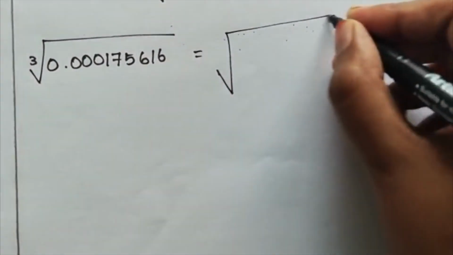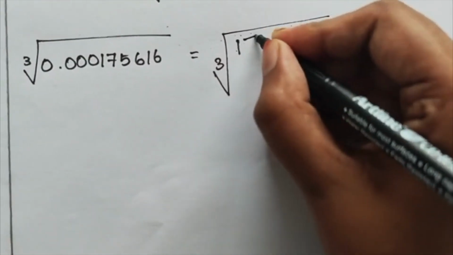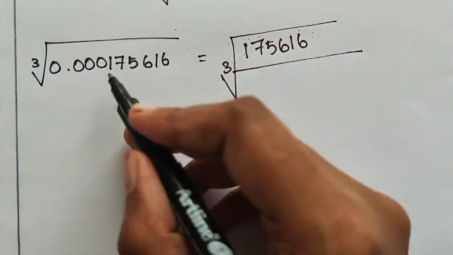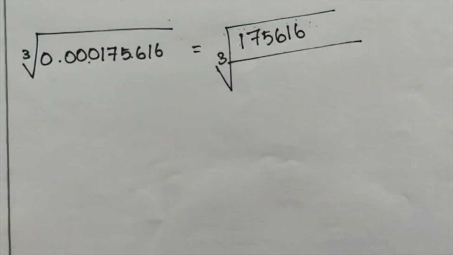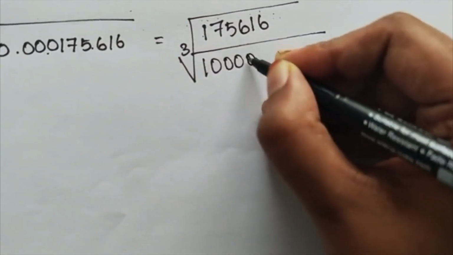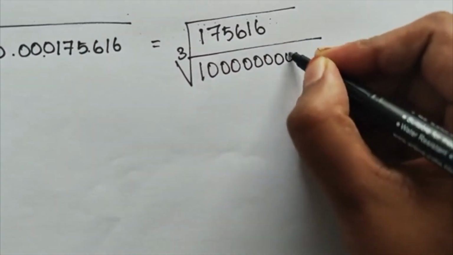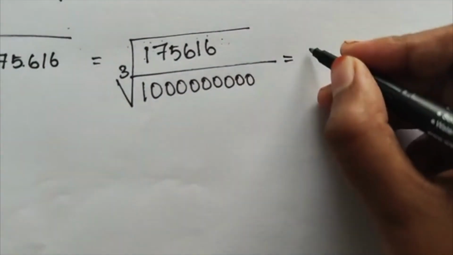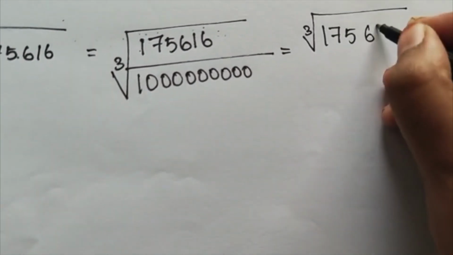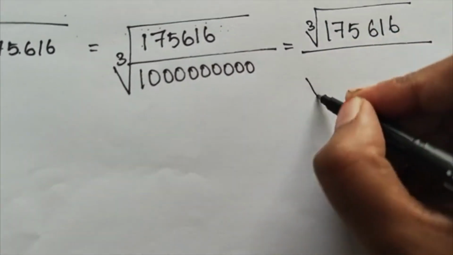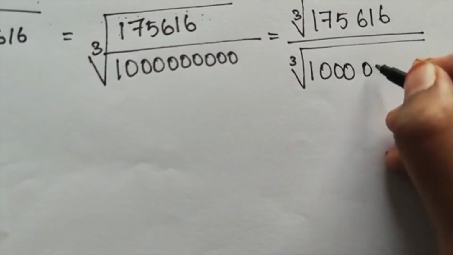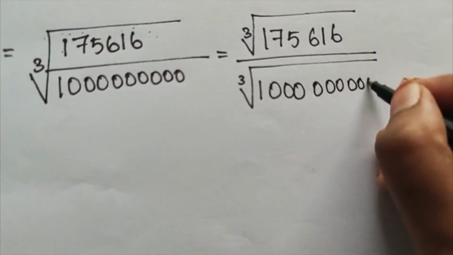So we can write this as cube root of 175616 by, how many decimal places we moved? 9 decimal places we have moved. So we can put 9 zeros. 1, 2, 3, 4, 5, 6, 7, 8, 9. Again splitting and writing we get cube root of 175616 by cube root of 1000000000.